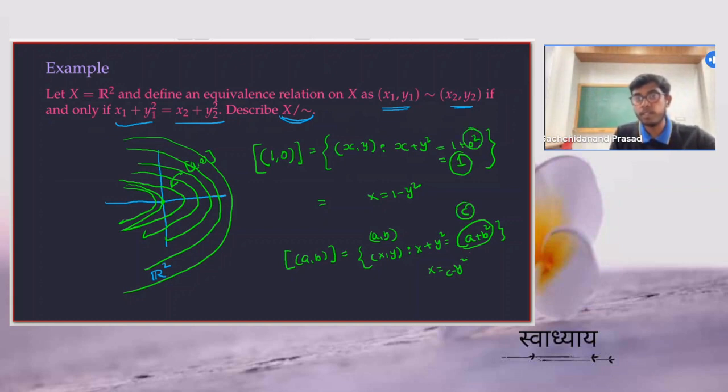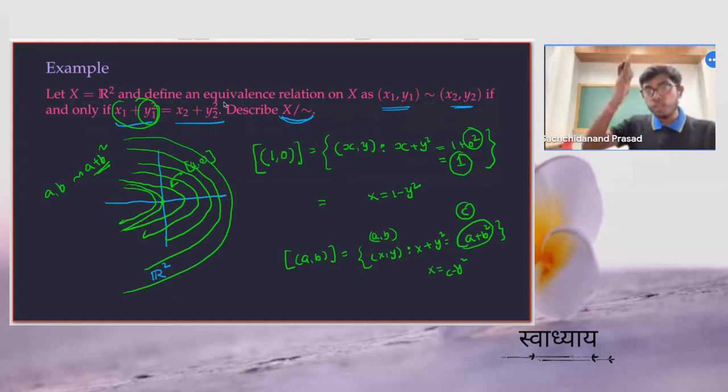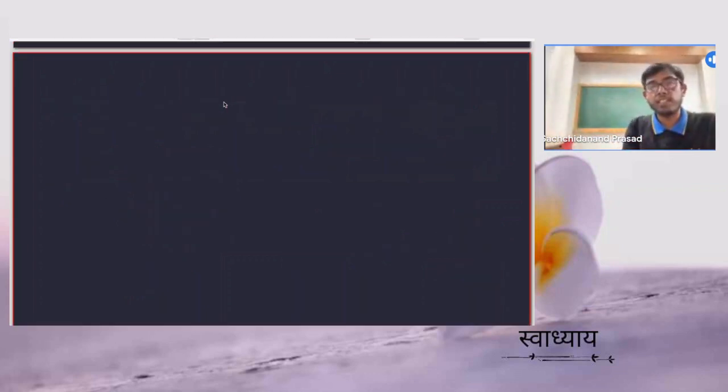Any (a, b) will be in the class with constant a plus b squared. This picture suggests that if I collect all the equivalence classes, that will be R. And that is indeed the case. So our claim is that X mod tilde is R. That is my claim.